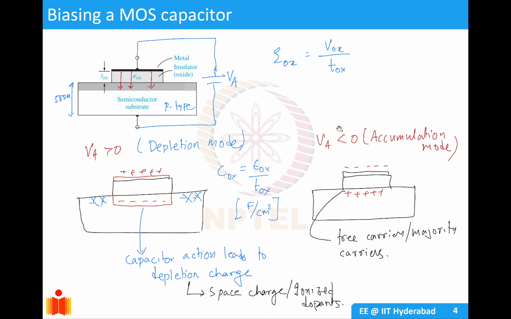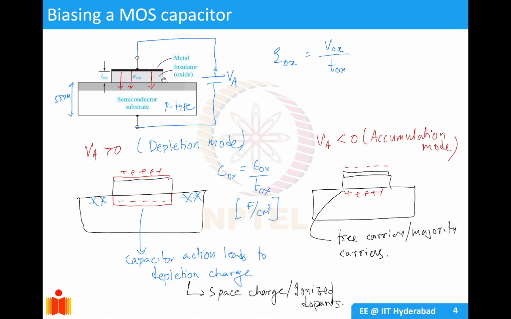Similarly, if you apply a negative bias on the metal, it accumulates negative charges, and the semiconductor surface accumulates positive charges. This accumulation of negative or positive charges changes the barrier height, the band bending at the semiconductor, and results in different states.